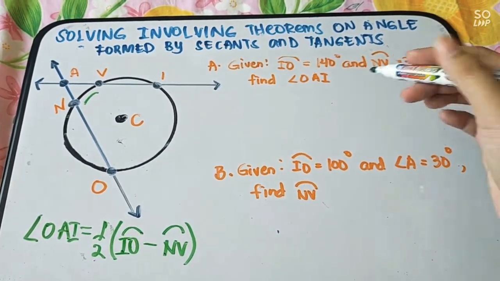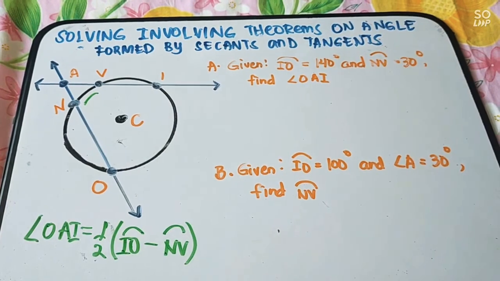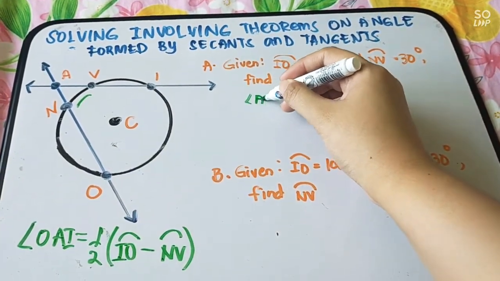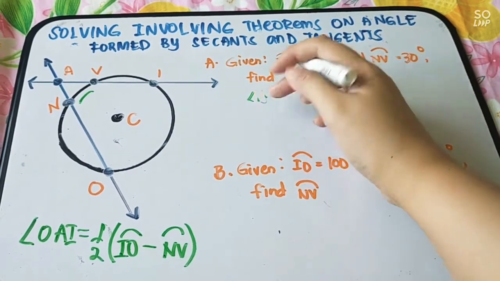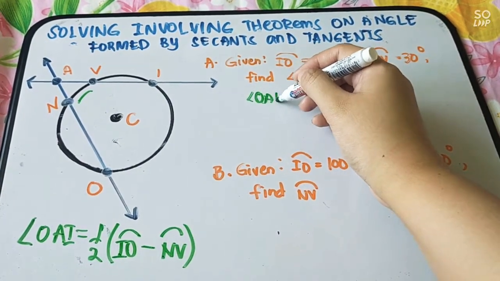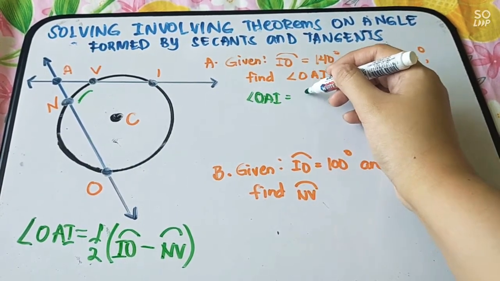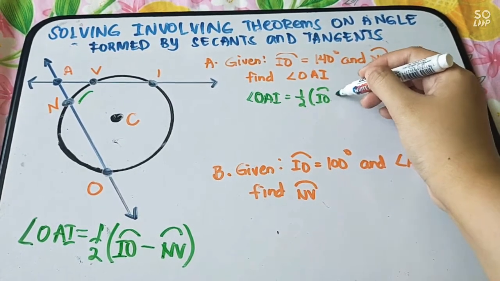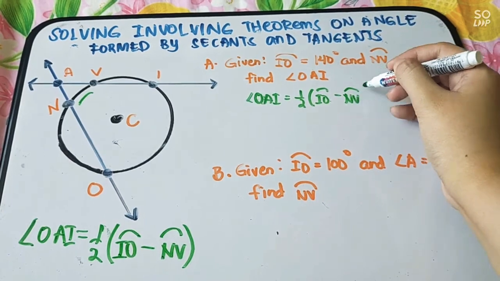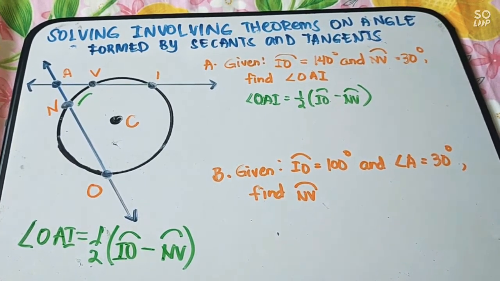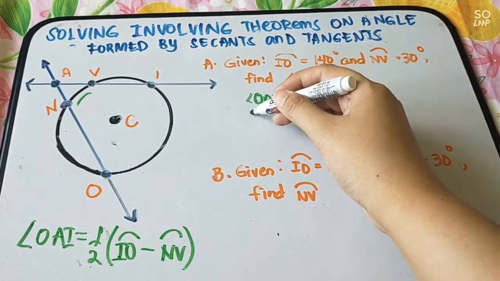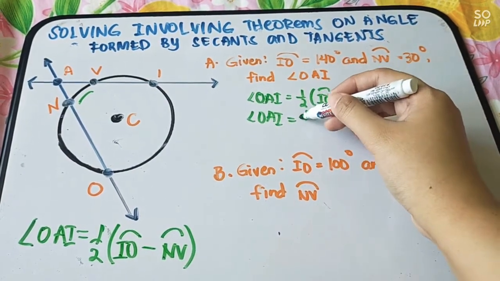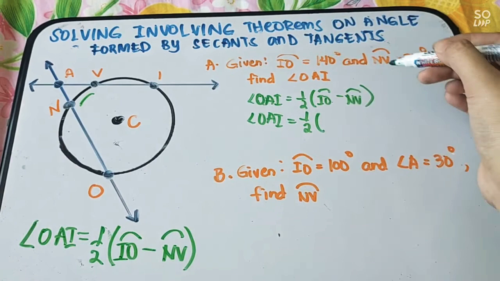Okay? Now, we are going to find for angle OAI. Ito na yung formula natin. So, si angle OAI is equal to the 1/2 of arc IO minus arc NV. Yan. Then, substitute lang natin. So, si angle OAI is equal to 1/2 of, what is IO?